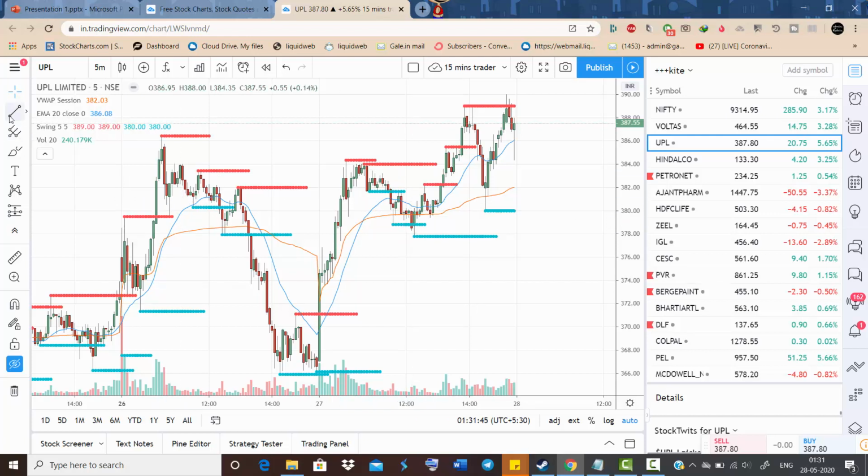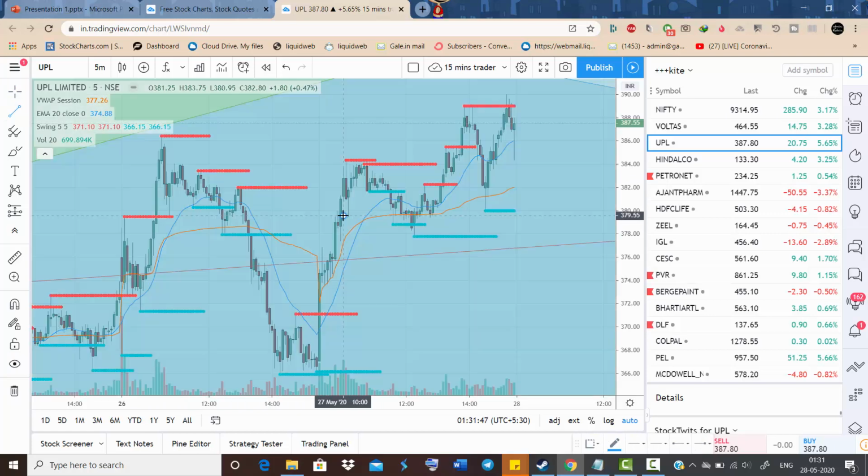You can draw this line. You can see this strong candle that pulls the stock back towards the volume weighted average price. So you can sell at 383 with a stop loss of 384 and a half, and you get 380. So it's more than a 1:1 ratio, and there are good chances that the stock hits the volume weighted average price.